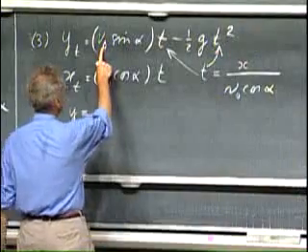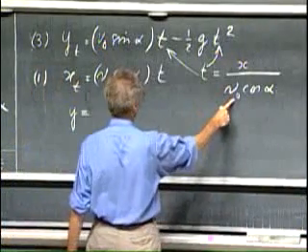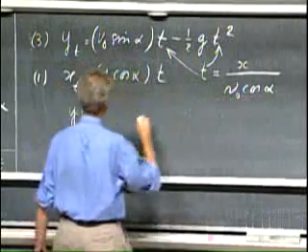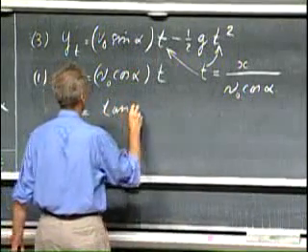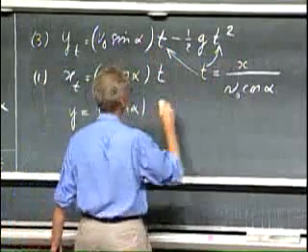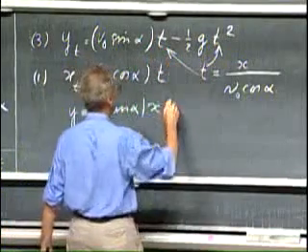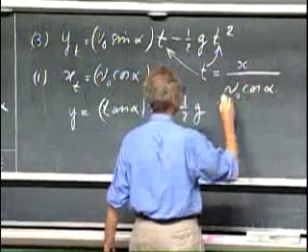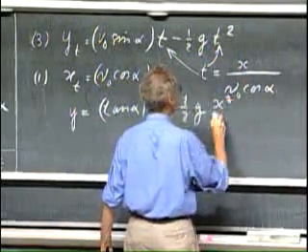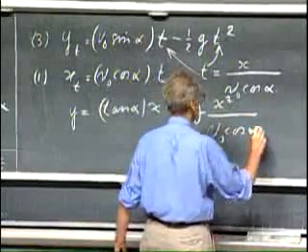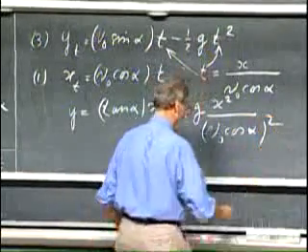There's a v0 here, and there's a v0 there. That cancels. There's a sine alpha here, and a cosine alpha there. That makes it the tangent of alpha. And then I have here an x. Then I get minus 1/2 g times x squared divided by v0 cosine alpha squared.